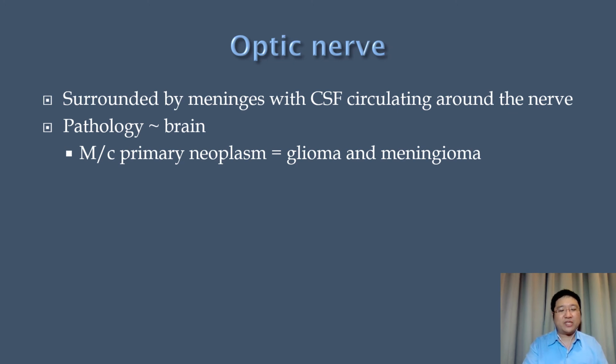When the optic nerve is compressed, we may be able to see an important sign, which is papilledema, the swelling of the optic disc. And for the optic nerve itself, the most common primary neoplasms are glioma and meningioma, just like the brain.